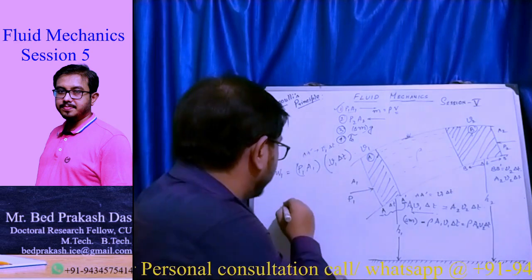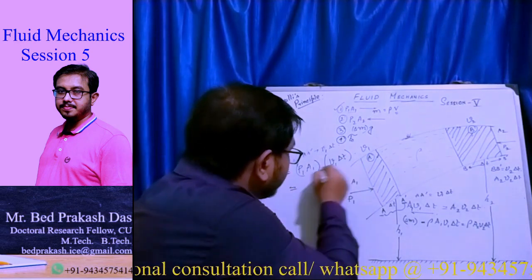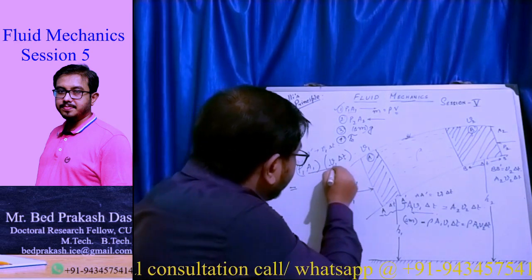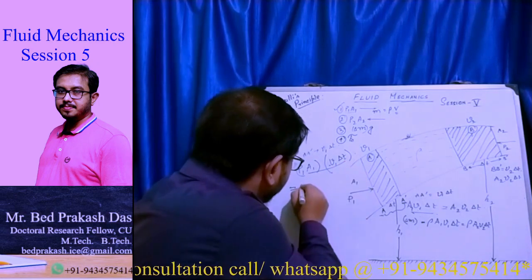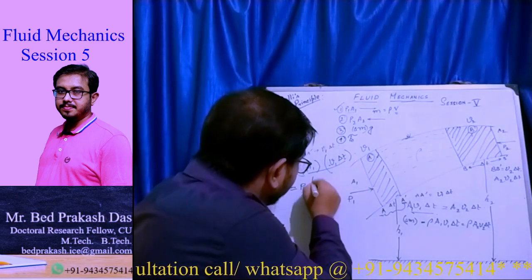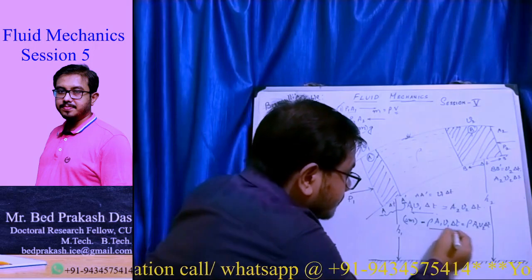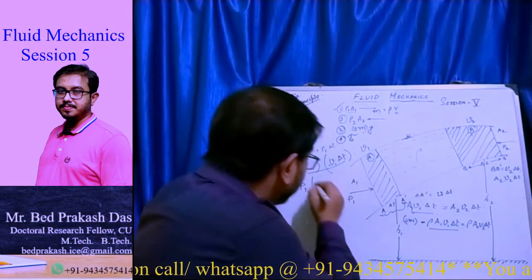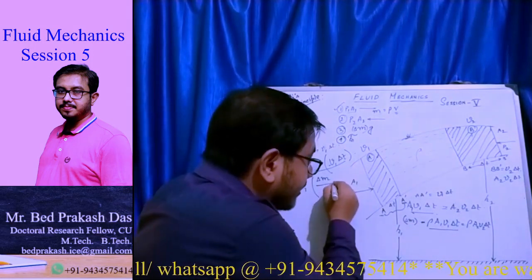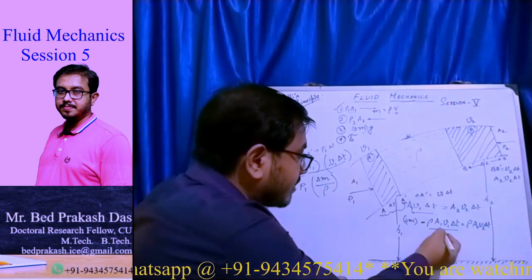This part, A1 V1 delta T, we can cumulatively write as delta M by rho.